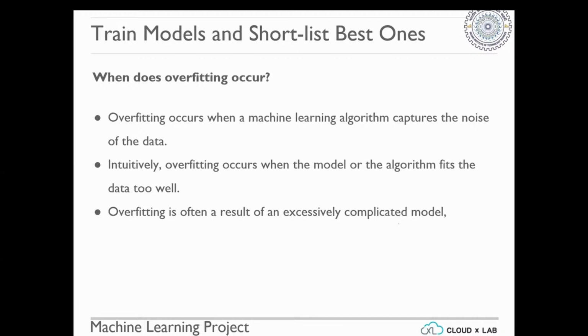So when does overfitting occur? Overfitting occurs when a machine learning model captures noise present in the data. Let's say you have 1,000 features in your data set and only 10 features are relevant, so 990 features are not relevant.